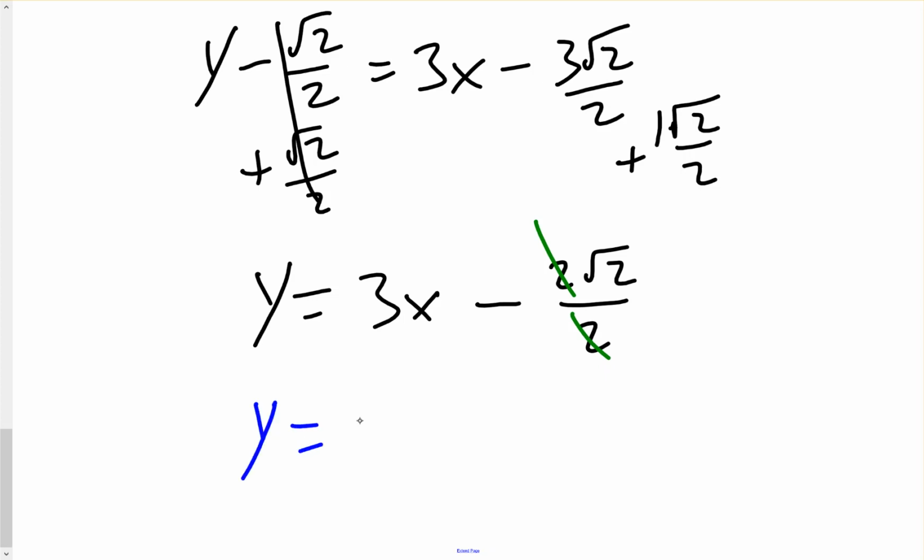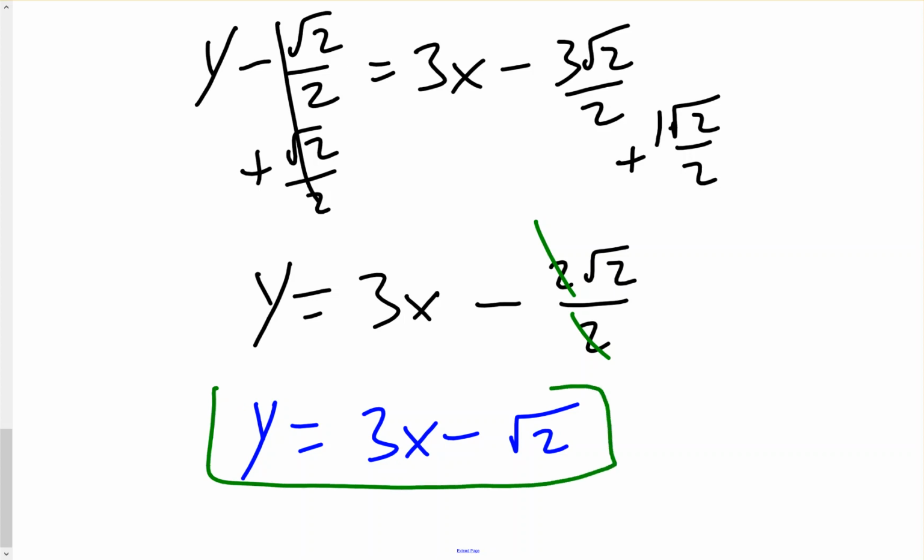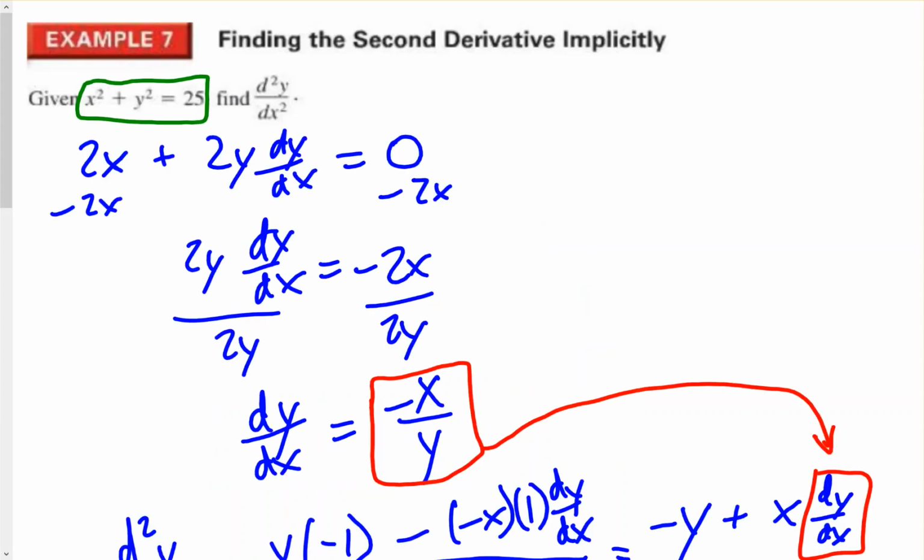So you're left with y equals 3x minus square root 2. Okay, and that would be the final answer to that equation. Get that one.